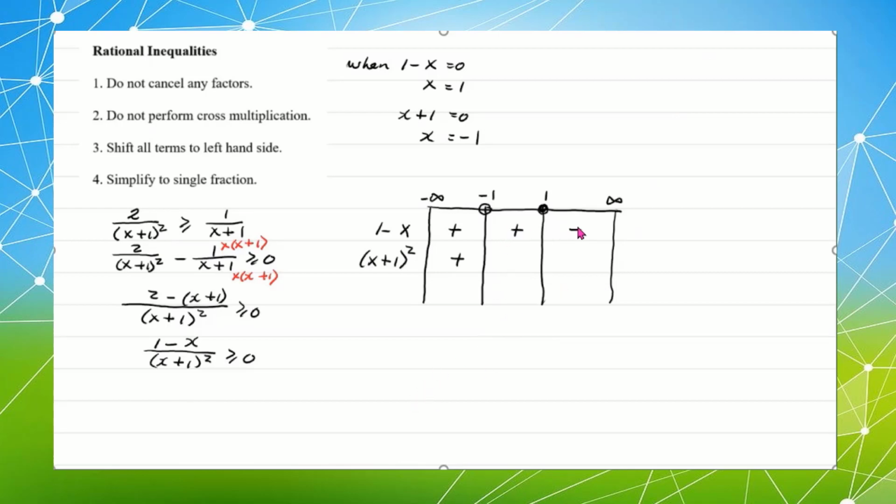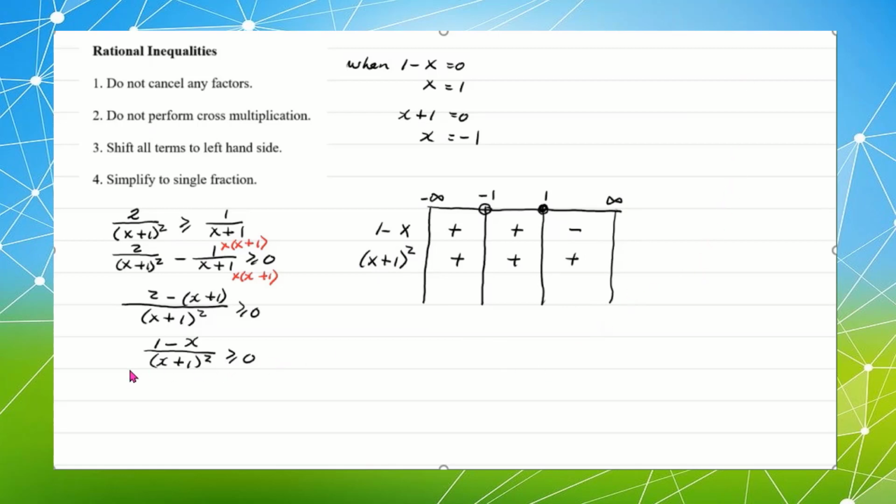Now we continue for the rest of the intervals. We find that between -1 and 1, it is positive because of the power 2. And between 1 and +∞, it is also positive because of the power 2.